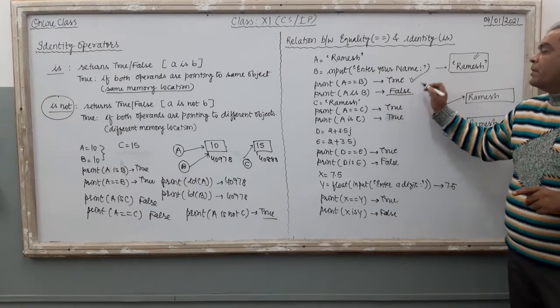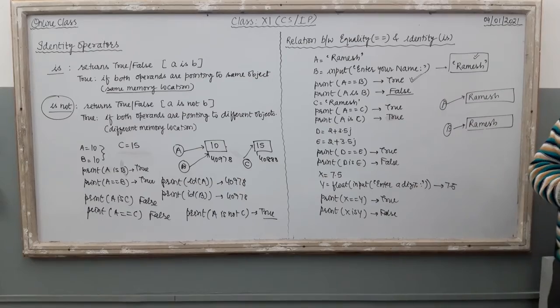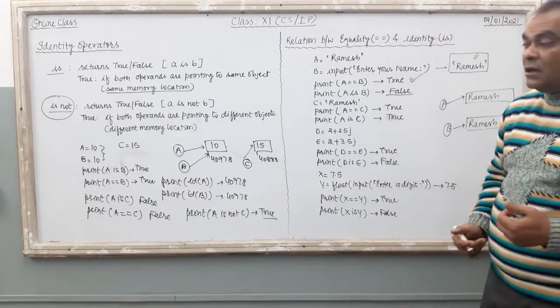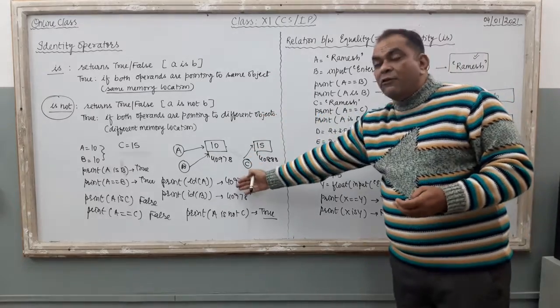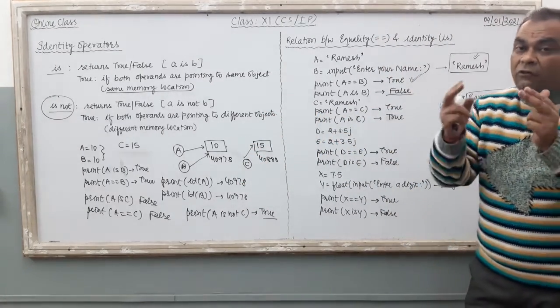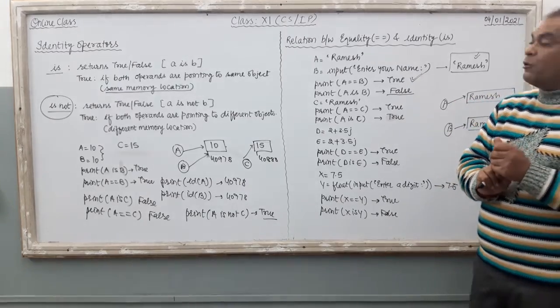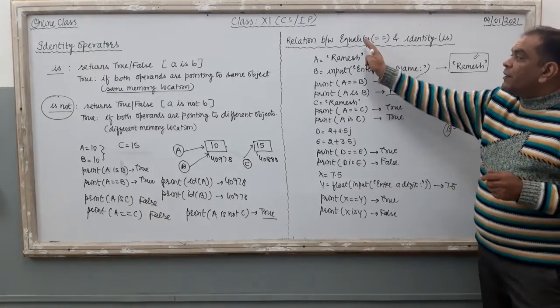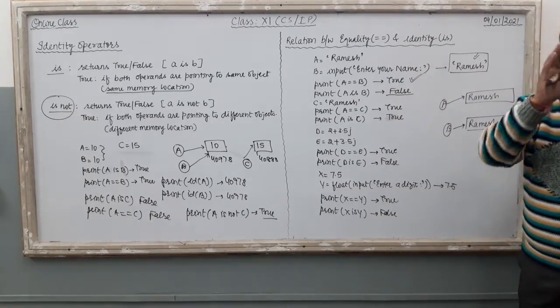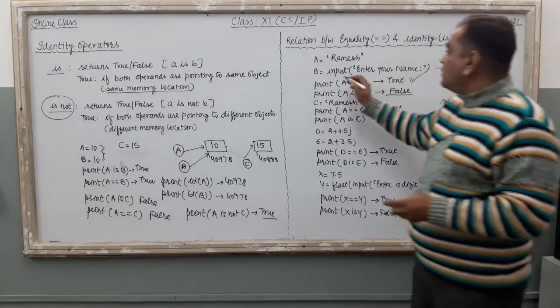So here the computer shows a false result. Right? It means in 80% of conditions, the equality checker operator and the identity operator give the same result. In 20% of conditions in programming, the results of the equality checker and the identity operators are different. This is the very first condition.